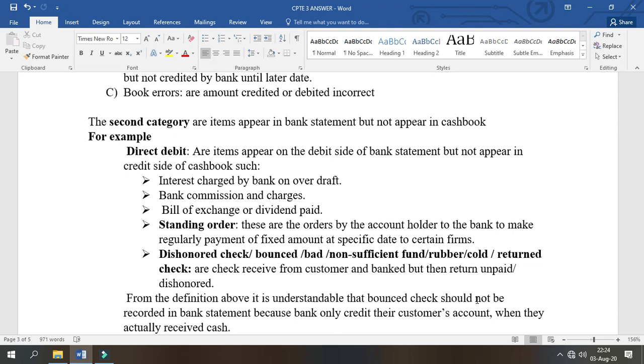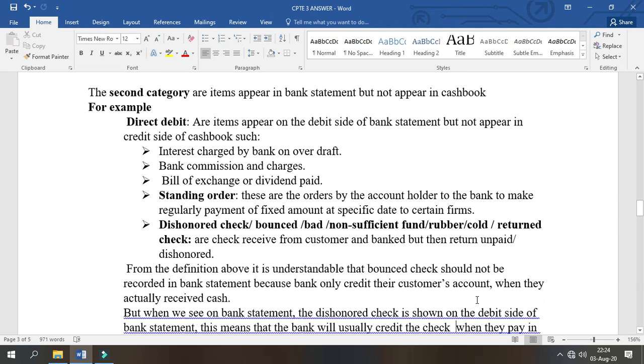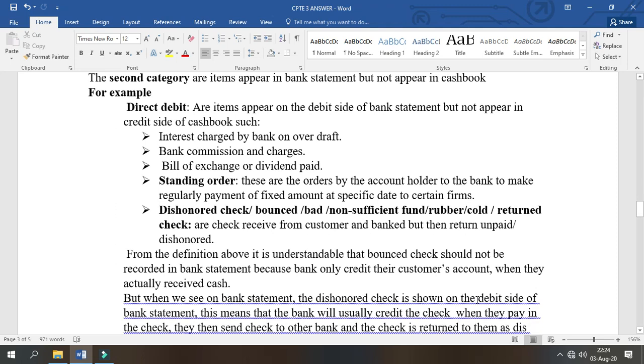When you see the definition of the dishonored check, it seems like it is not recorded. But dear friend, when we look at the bank statement, the dishonored check is shown on the debit side. Why? Dear viewers, followers of this PATERA TV, this means that the bank will usually credit the check when they pay in the check.